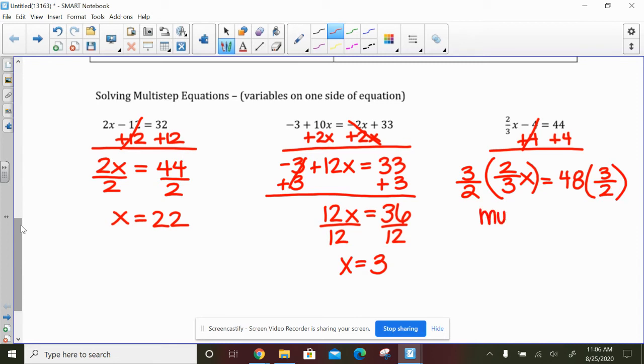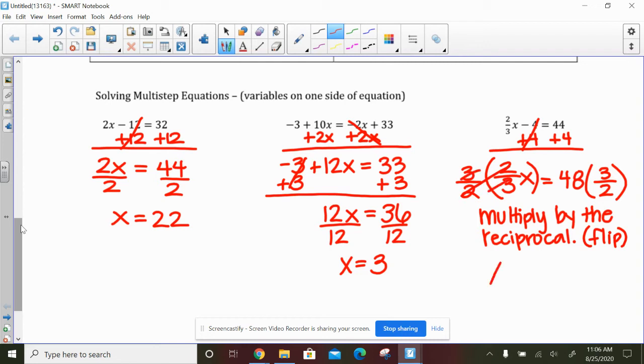I'm going to multiply by the reciprocal. Okay, and so a reciprocal is just to flip the fraction. All right, so over here, these will go away.